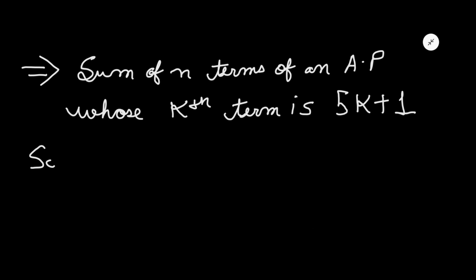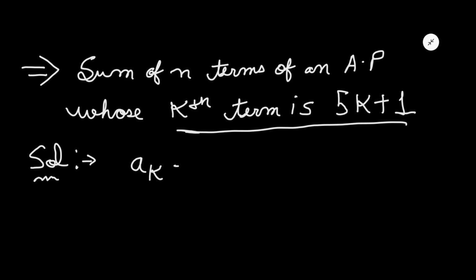So the solution is: as the kth term is given as 5k plus 1, we can write ak is equal to 5k plus 1.